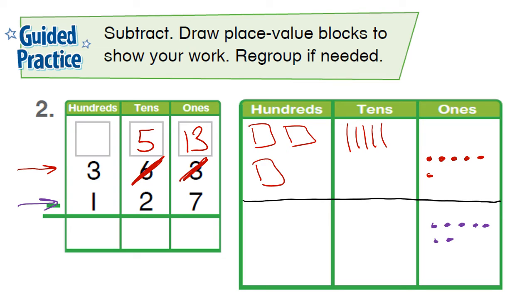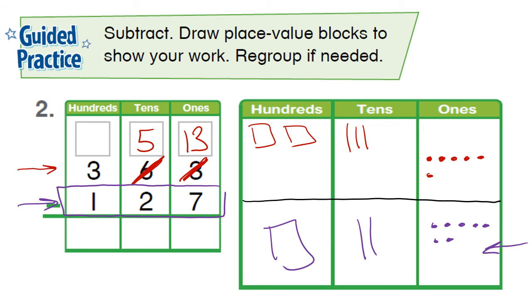Go to the rods, the tens. 5 minus 2. So we're going to take 1, 2, and we're going to put them on the bottom. And we have 3 flats minus 1 flat, or 300 minus 100. And we're going to take that and move it down. So the bottom part of our chart is going to be equal to our subtrahend, or our smaller number, 127.